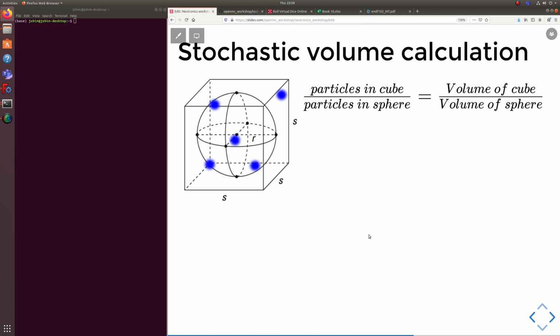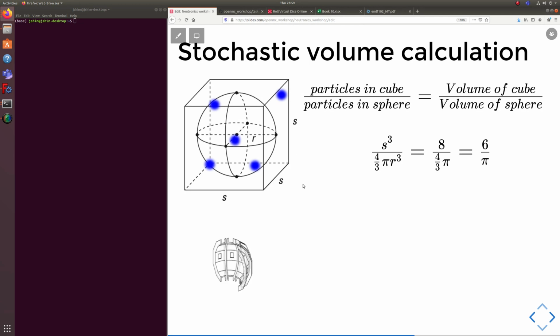And it knows that the ratio of particles in the cube to particles in the sphere is the same as the ratio of the volumes. And because we know the sphere has radius r, and the cube has length s, we know this will refactor to 6 over pi. Let's assume r equals 1 and s equals 2.